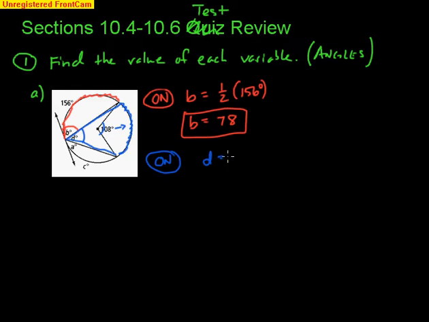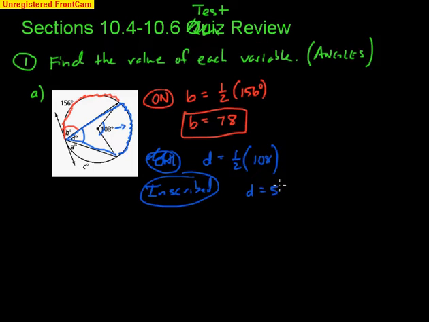To find D, we're going to take half of 108. This is an inscribed angle. But again, remember, inscribed means you're on the circle as well. It's still half the arc. And half of 108 is going to be 54.